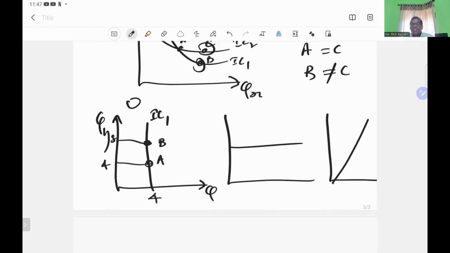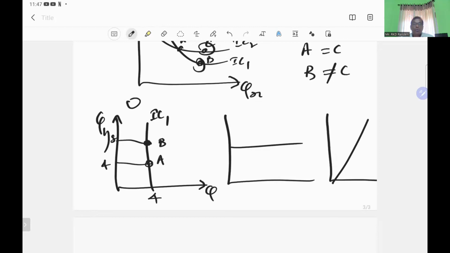As a rational consumer, which point are you going to select? Here the indifference curve is vertical, parallel to the vertical axis. Indifference curves are never vertical, horizontal or positive, but assume that it is vertical.